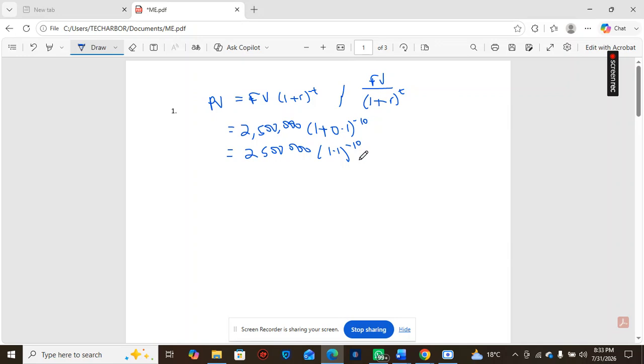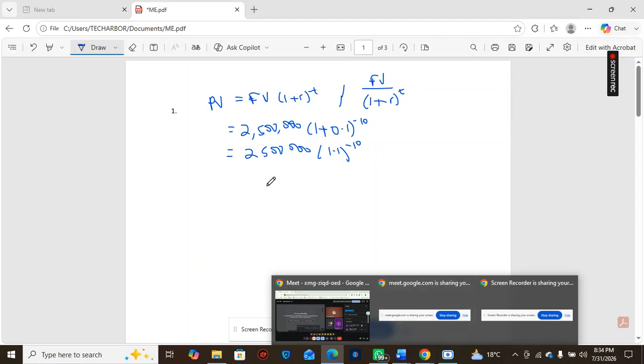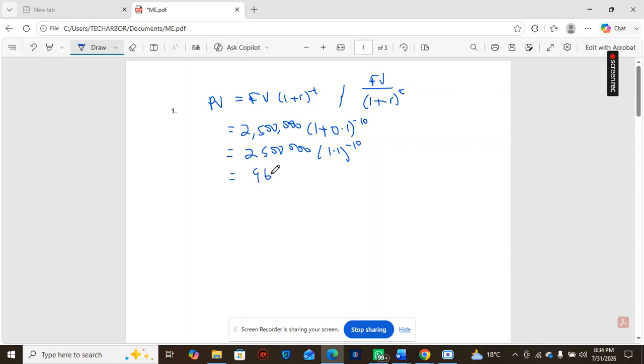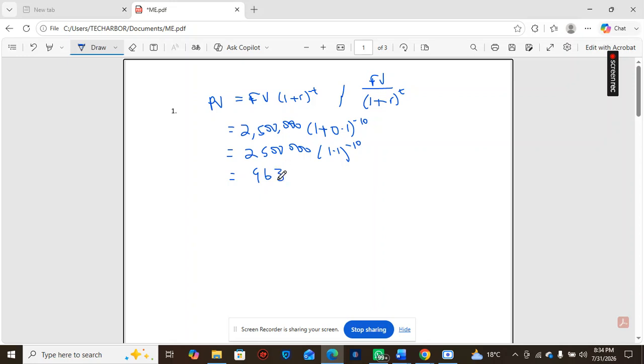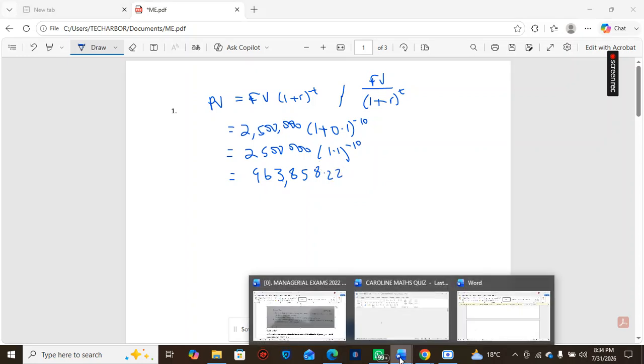So let's see, 1.1 to the power negative 10, you get 0.3855. 0.3855 multiplied by 2.5 million, you get 963,858.22.